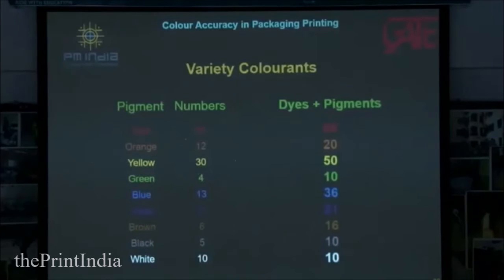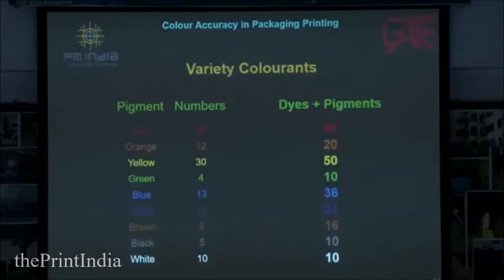Also in pigment there is a wide variety. Red, there are 49 different red pigments, orange 12, and so on. All dyes and pigments together it is something like 239 different colorants. So these are the basic colorants with which you make your inks.